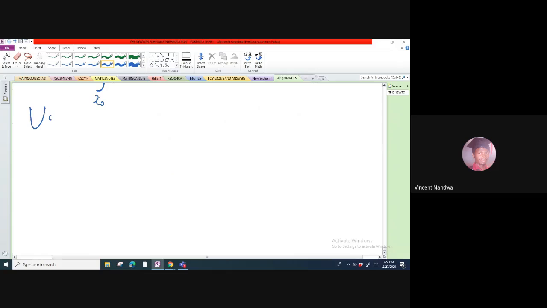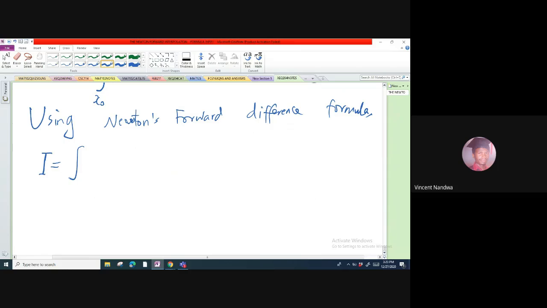So using Newton's forward difference formula, we write I will be the integral from x naught up to xn. So the function can be approximated by this formula here.